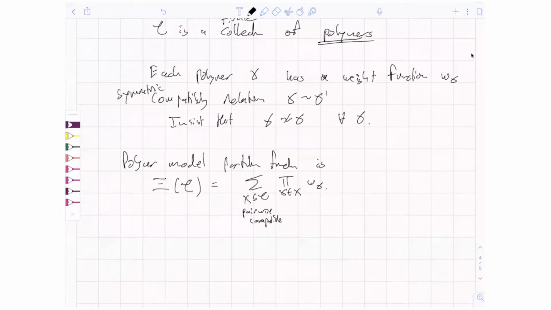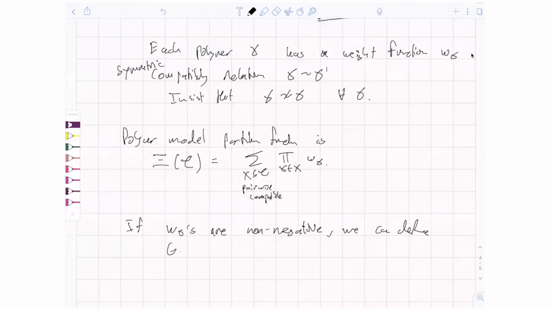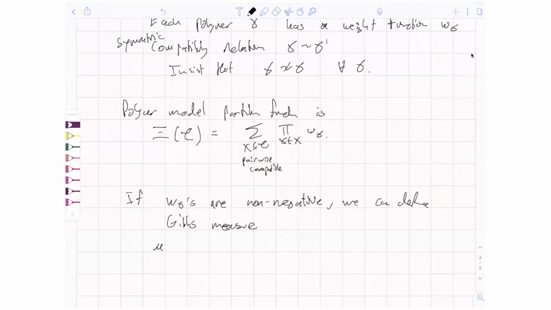And then if the weights are non-negative, we can also define a Gibbs measure, where the probability that you see a certain collection of compatible polymers is the product of weights over the partition function.